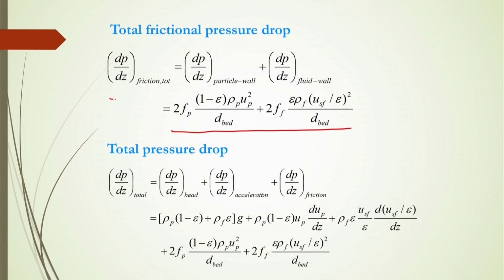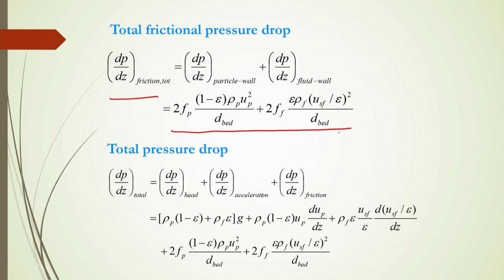So total frictional pressure drop will be equal to 2 FF into (1 minus epsilon) into rho p into UP square divided by d bed, plus 2 into FF into epsilon into rho f into (USF by epsilon) whole square divided by d bed. D bed means diameter of the bed.